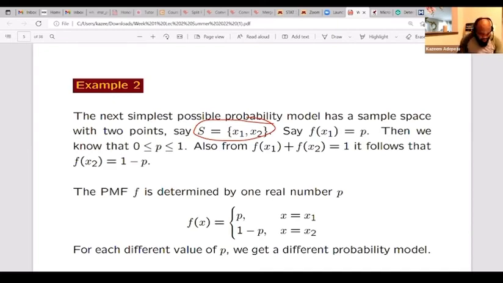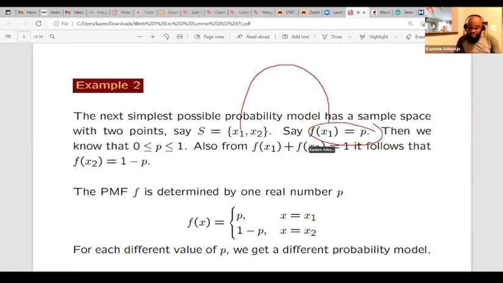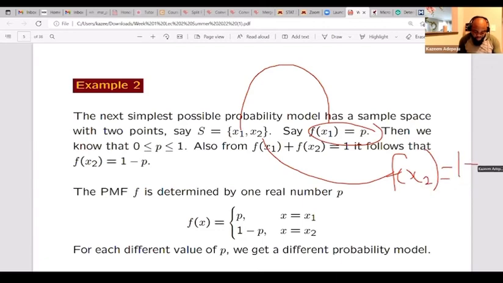And I actually told you the other time that every element in a sample space has its own probability. Take a look at this now. If I have x1, the probability is going to be f of x1, which is equal to p. If that x1 represents the event of a team winning a championship, then f of x1 equal to p is basically going to be the probability of winning a championship. If x2 is the event of not winning a championship, then f of x2 is basically going to be equal to 1 minus p.